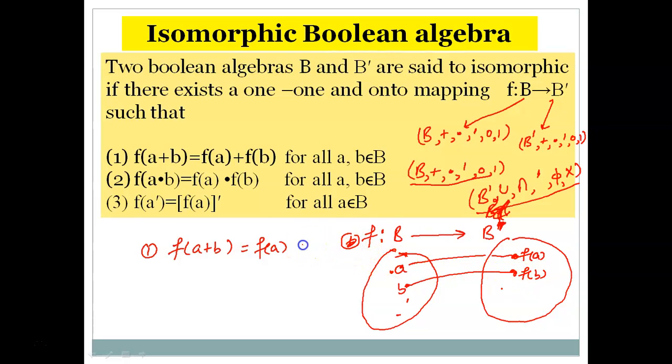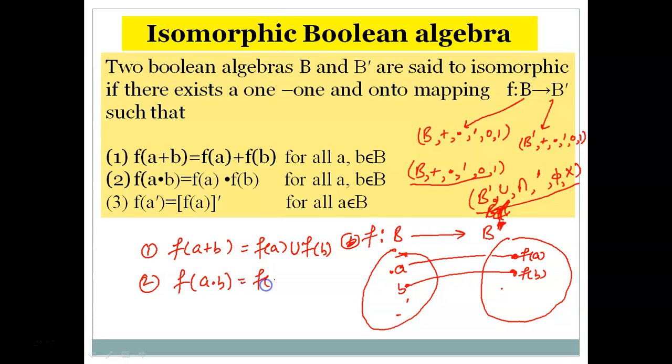Now if we apply the operation plus between A and B, but in the elements in B dash the operation plus has a different meaning, because in place of plus we are using union, so it should be defined like this.